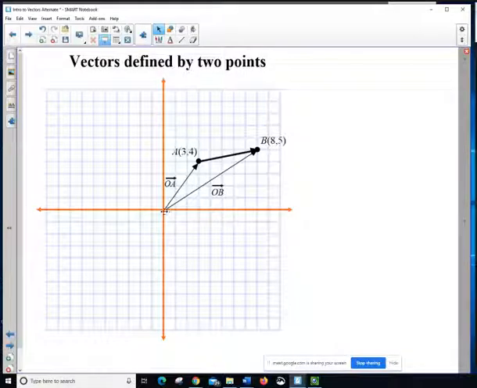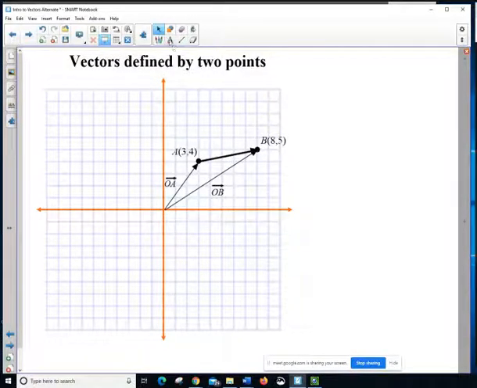And when I place these tail to tail here at the origin, what does this represent when I have a vector that goes from the tip of one to the tip of the other? What does that represent from what we saw earlier on? What operation does that represent? It represents a subtraction. And remember what that subtraction is. The subtraction is from the tip of the second to the tip of the first.